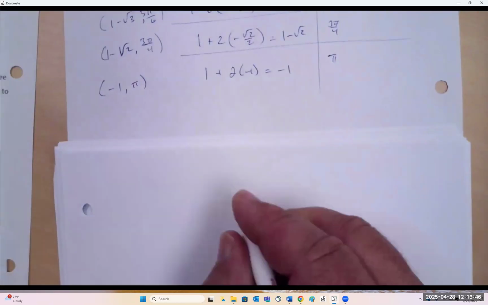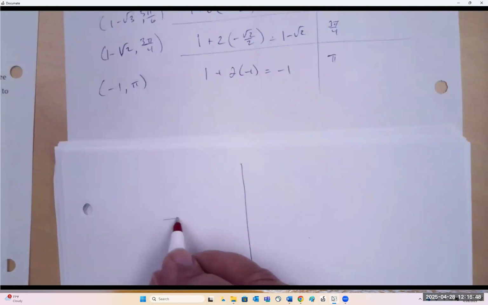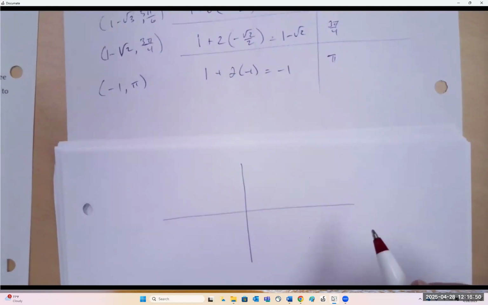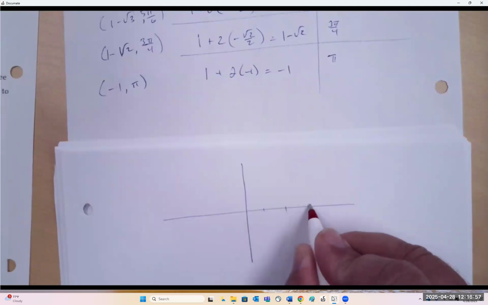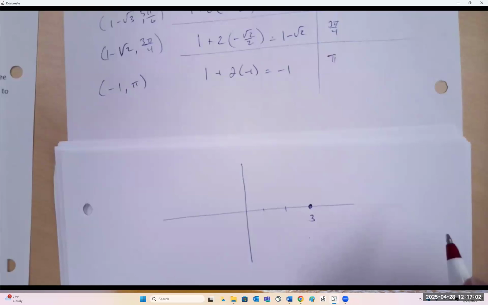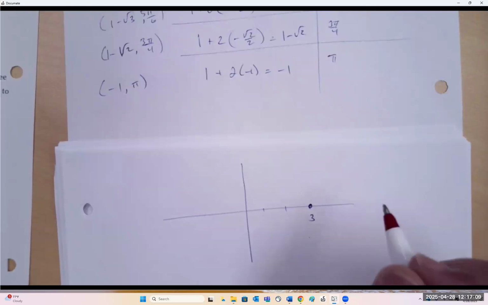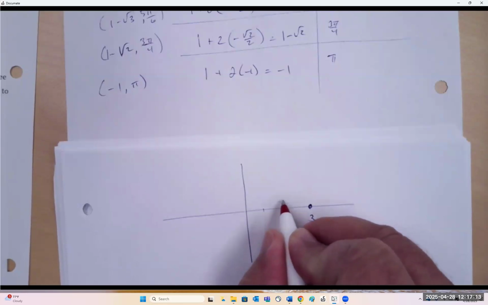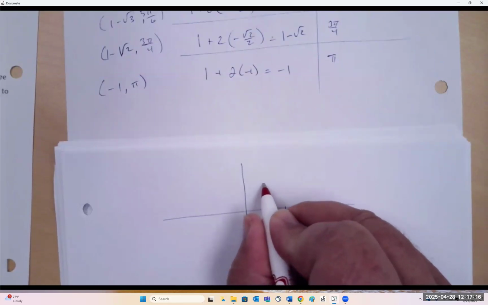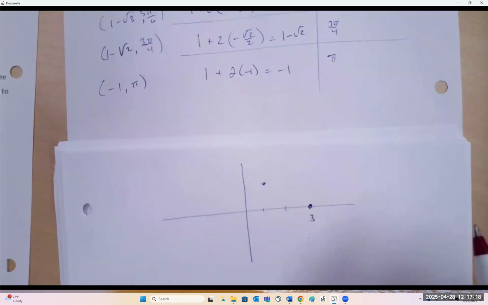Okay, so these points. We have 3, 0. Two pi over 3 would be about here.